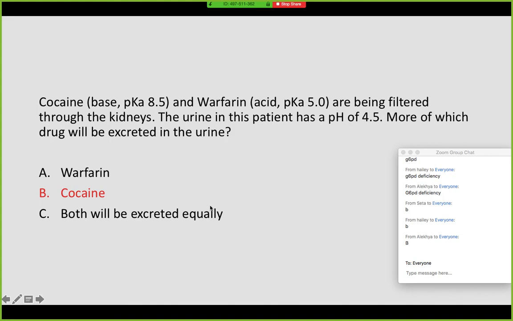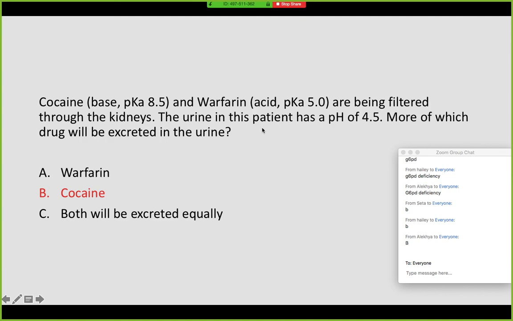Okay, so I had a question about warfarin. Warfarin is an acidic drug, and the pH of the urine is less than the pKa.